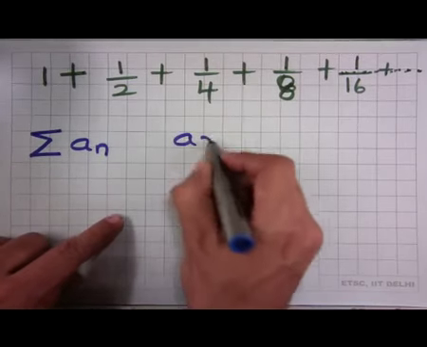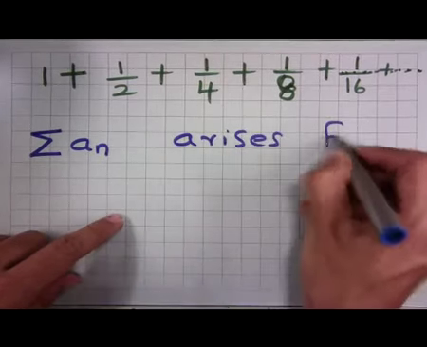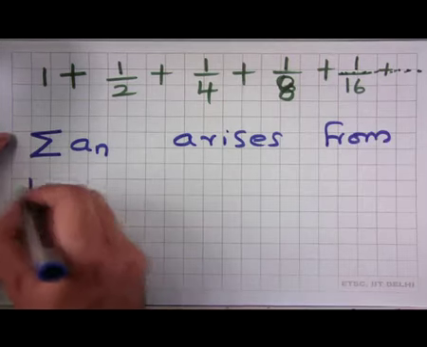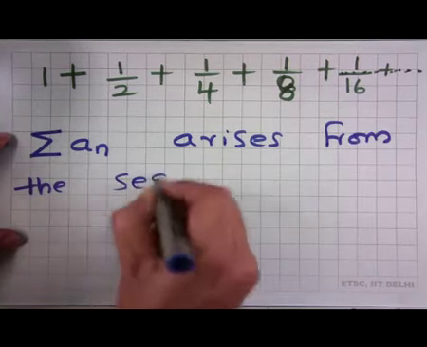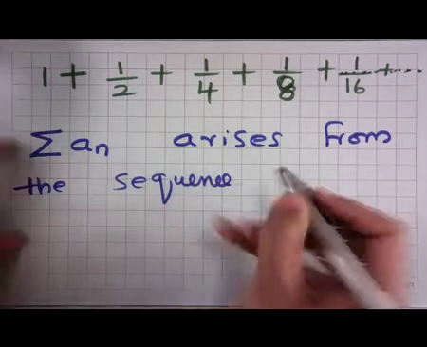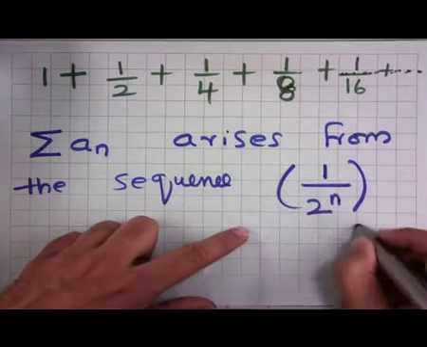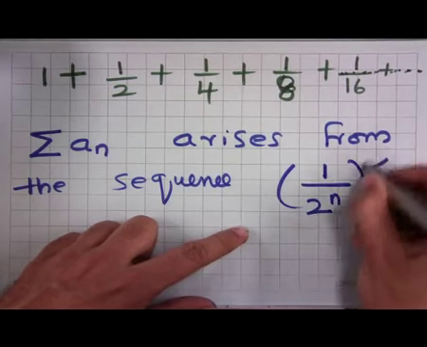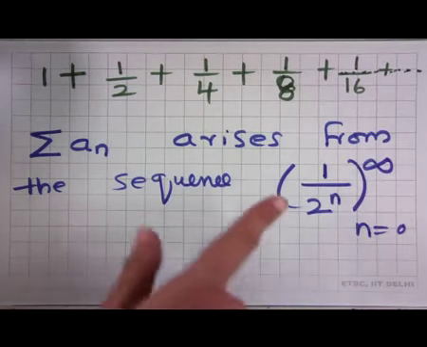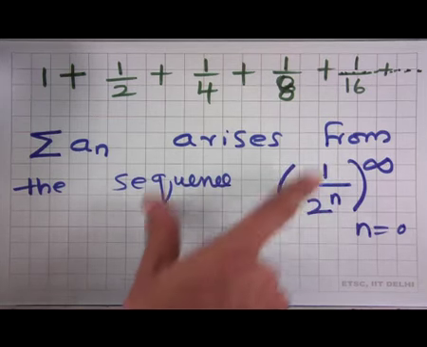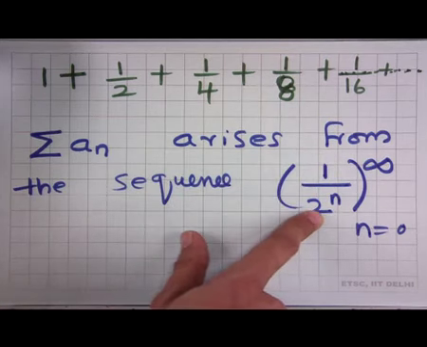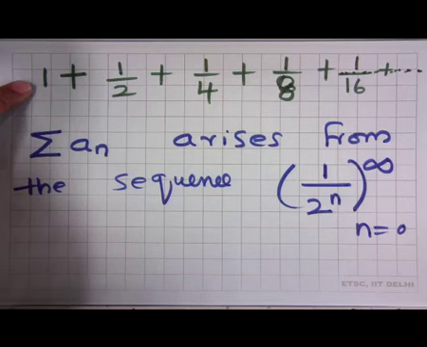Just to make the notation clear, understand that this series summation An arises from the sequence 1 by 2 power n, n is equal to 0 to infinity. The first term of that sequence is 1 by 1, that is the first summand here.